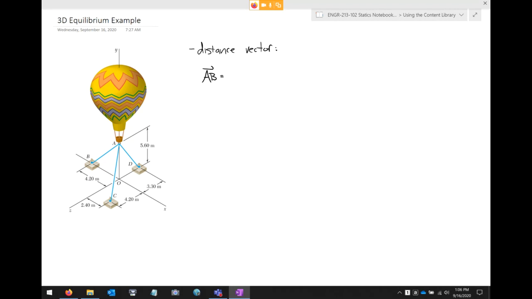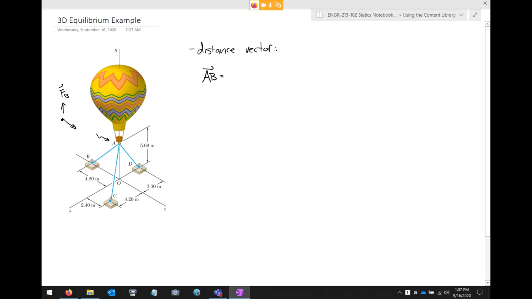First off, maybe I should make sure we're clear on why we're doing the vectors in this order. If you look at the problem, all of the forces are going through point A. Here's point A. We've got one force acting upwards, which is the force from the balloon.